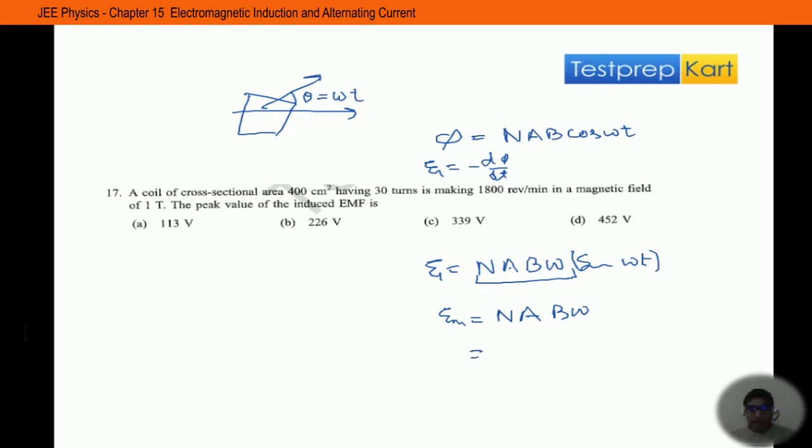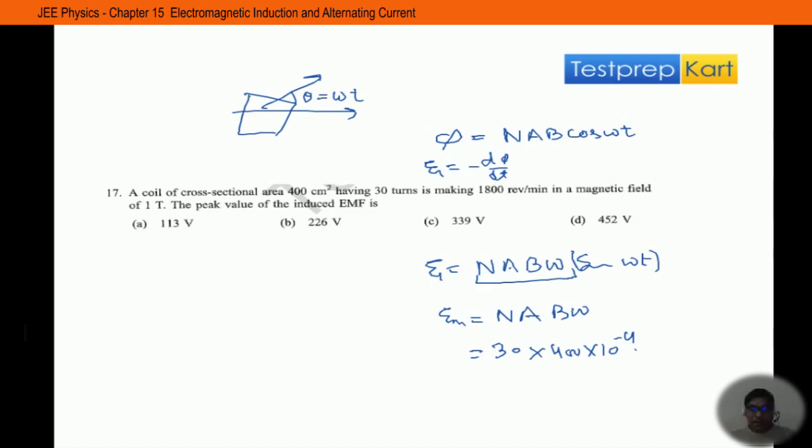And for omega, we have to find out radian per second, and omega is equal to 2 pi f. Okay. So, N is 30. Area is 400 centimeter square, so we can write 400 into 10 to power minus 4 SI unit.